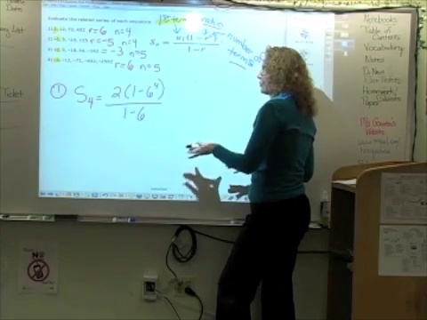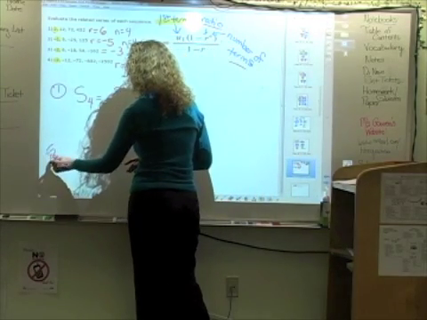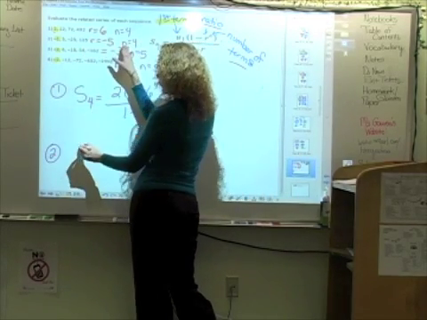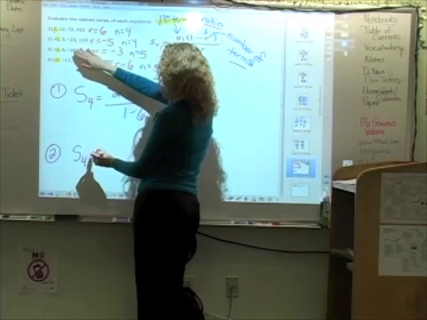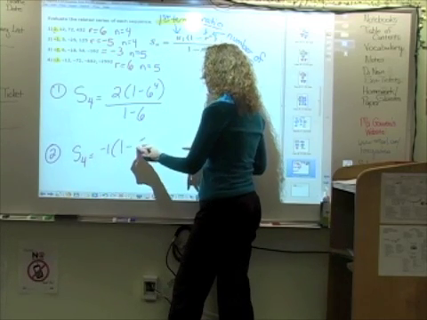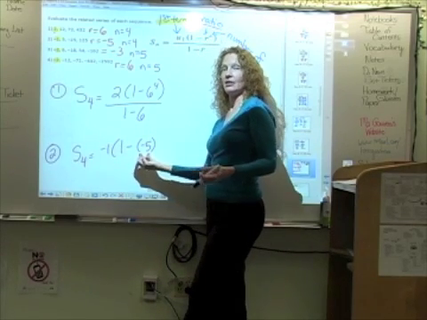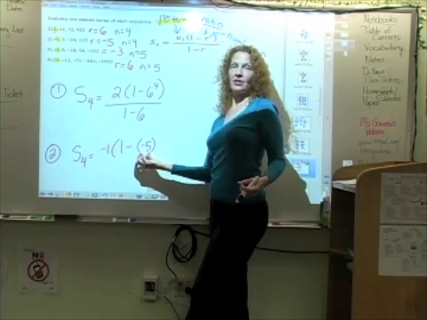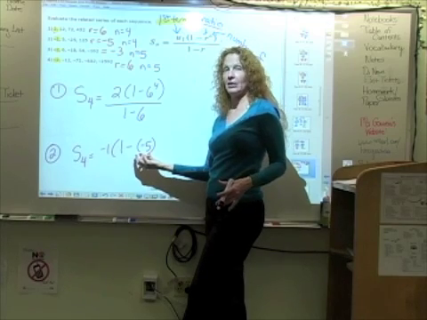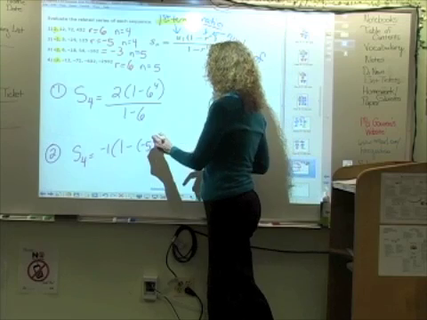Now, I'm going to go through and set them all up, and then we'll use the calculator to evaluate them. Number 2, S of 4 terms again. My first term is a -1. 1 minus -5. Notice I'm putting this -5 in parentheses. I highly suggest anytime you use fractions or negatives in the calculator, you always put them into parentheses. So I'm now raising it to the number of terms, in this case a 4.